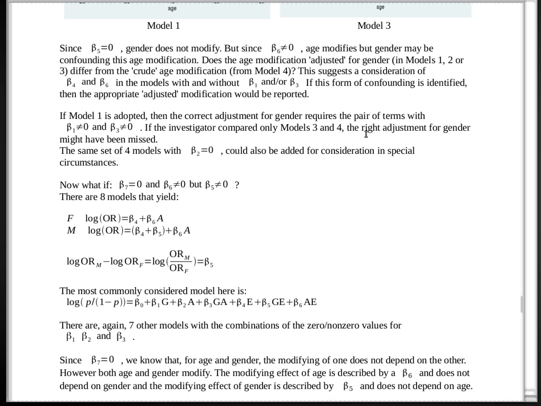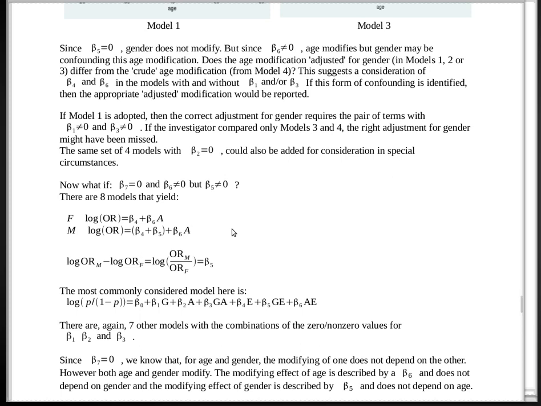So we can see that now we're conceptualizing models in which the beta 6 captures the age modification, and beta 5 captures the gender modification.